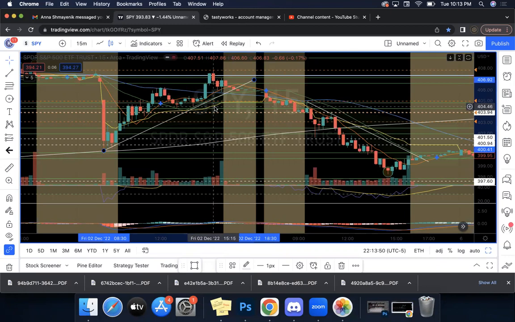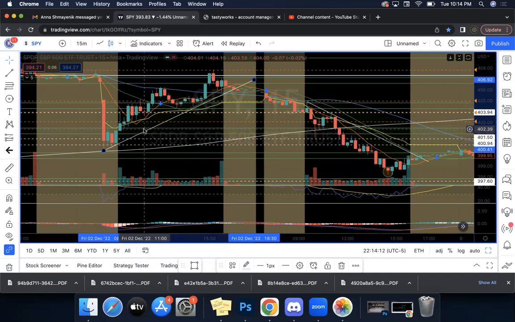Usually when a certain price point or trend line on the intraday has a lot of touches, like it touched 3 or 4 times, most likely the 5th time it's going to do the same move. So that's the whole point of trend lines as well.